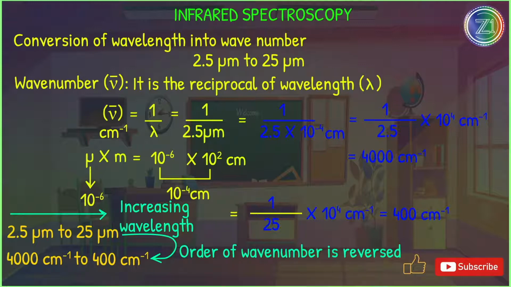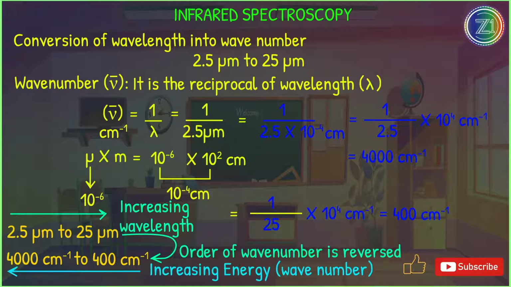If the bond requires greater energy for stretching or bending, then a greater value of wave number is required to show this transition or to supply that amount of energy. If I have a lesser energy stretching or bending vibration, then the value of wave number will also be lesser. Therefore, for this convenience, I am utilizing the wave number.